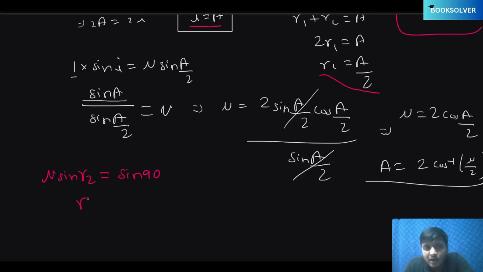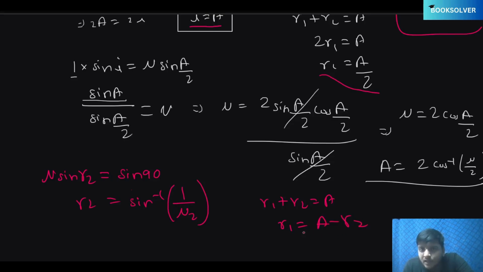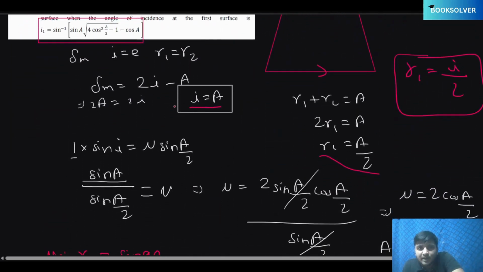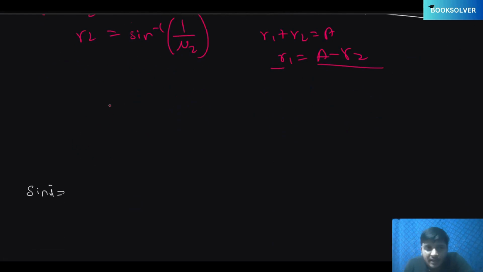So we can find R2 is equal to sine inverse of 1 by mu. And we know that R1 plus R2 is equal to A. So we can write R1 is equal to A minus R2. And we have a relation between R1 and I1, which we have found earlier also. So let's do it again.